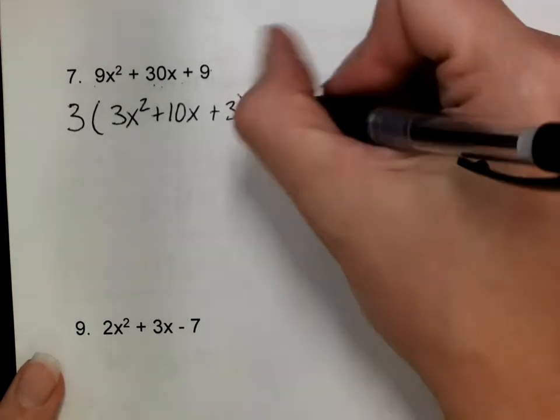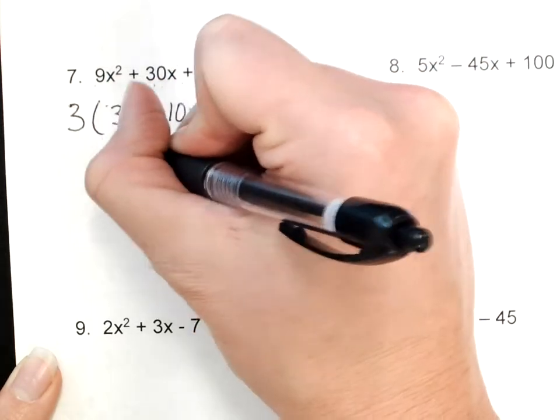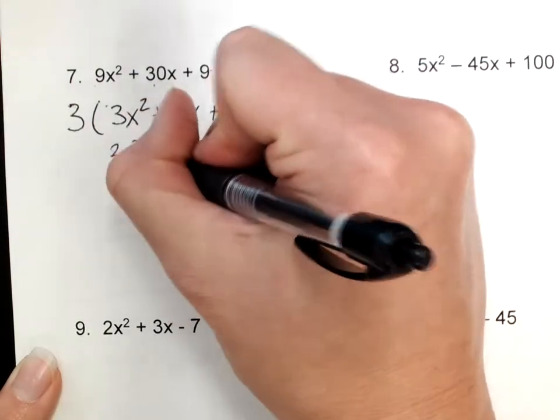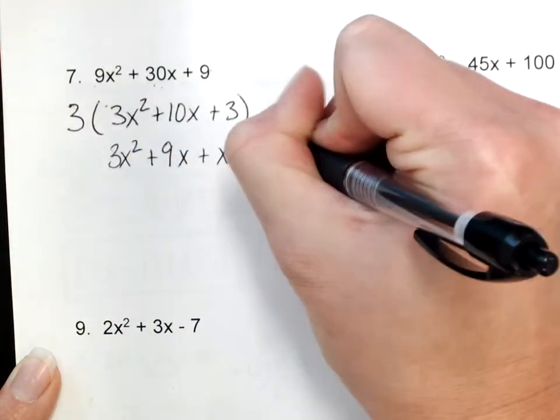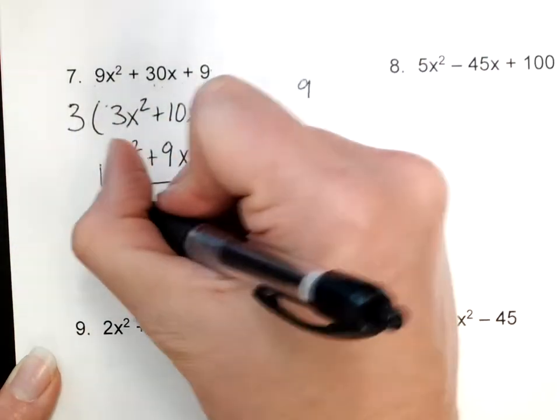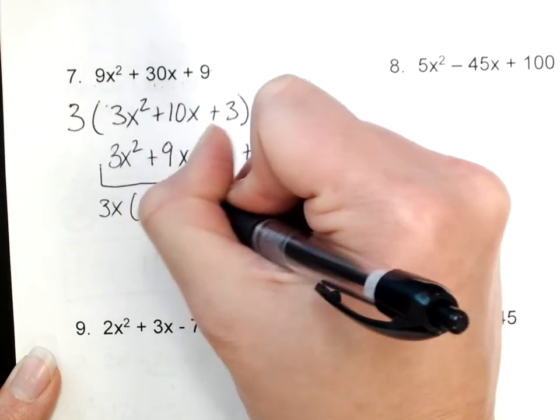From here, though, I can go ahead and finish this. 3 times 3 is 9. What multiplies to be 9 and adds to be 10 is 9 and 1. So plus plus is a plus plus: 9x plus x plus 3. Now I can look to factor. Greatest common factor there is a 3x. That leaves me with an x plus 3.